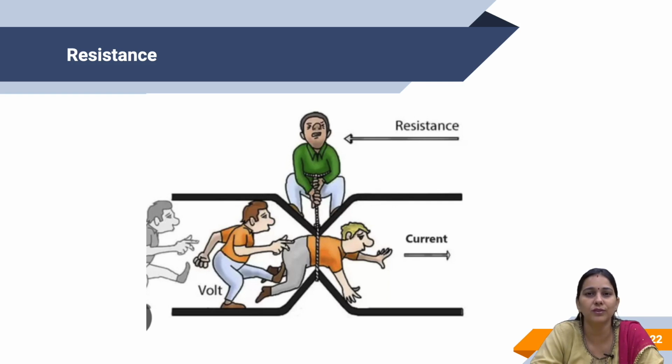However, what is the result? The resistance: the man in the green shirt is trying to oppose the current and is preventing him from going from one point to another.